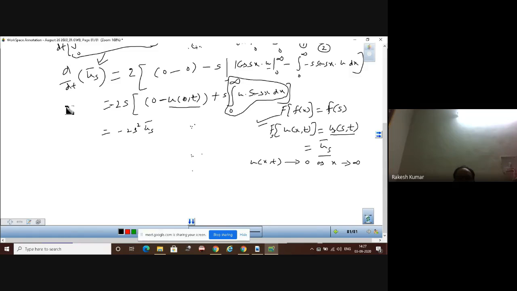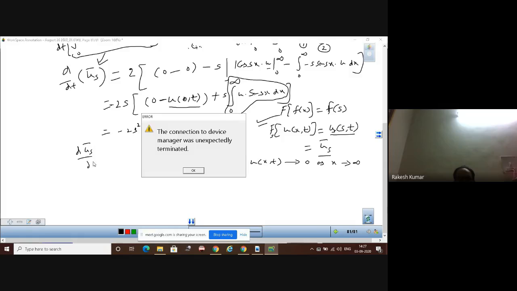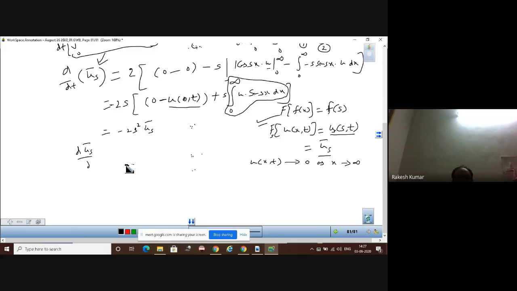So it can be taken to the left hand side: d u s bar upon dt plus 2s square u s bar is equal to 0.